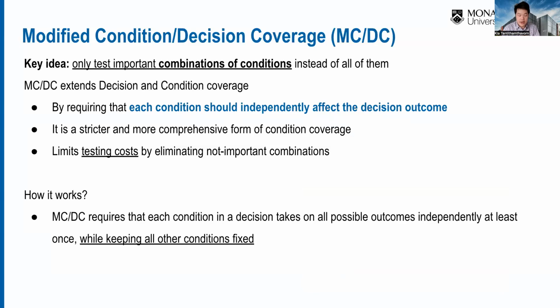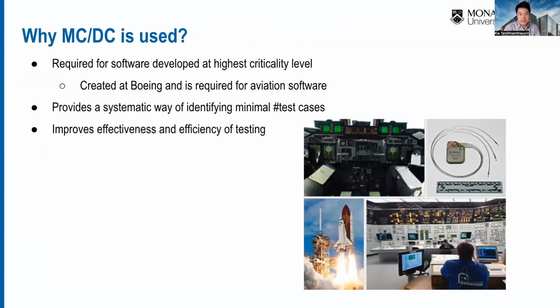What does it mean? Normally, it should come from this slide first. Why is MCDC used? Normally it is required for software developed at the highest critical level, like a NASA rocket system, or a Boeing airplane as well. We want to ensure that all of the conditions in the if-else statement are well tested.